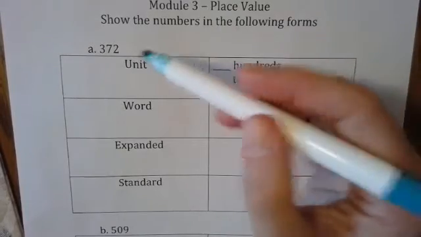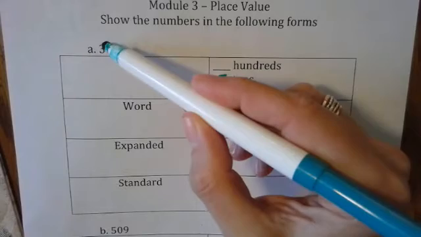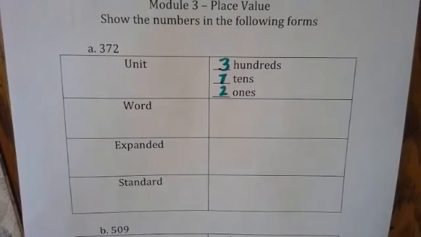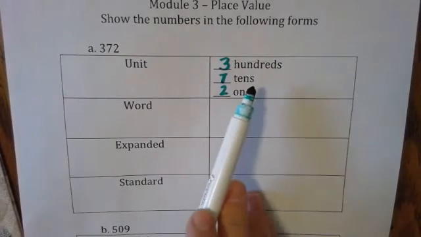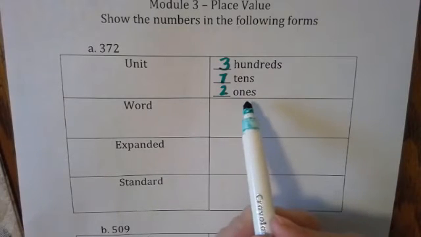It is represented with 7 tens, and it is represented with 3 hundreds. So the unit form, how many hundreds do I have? I have 3 hundreds. How many tens do I have? I have 7 tens.